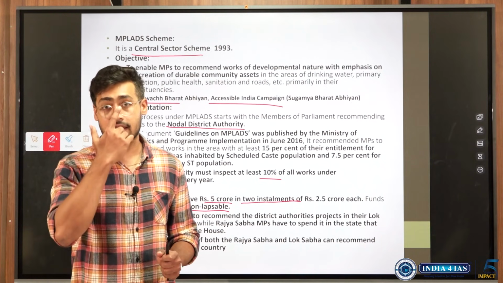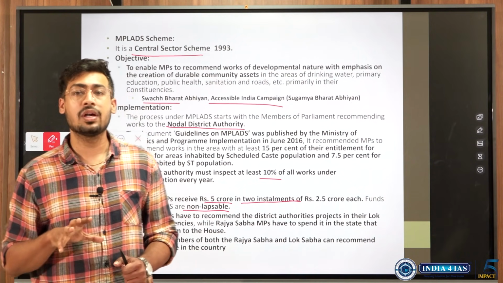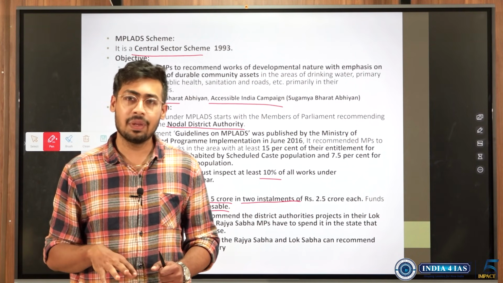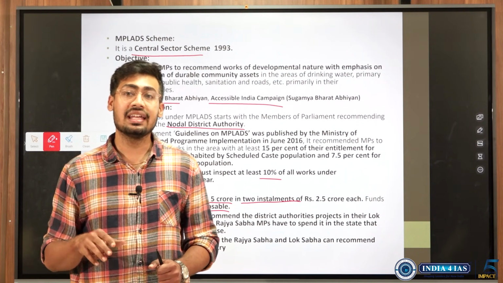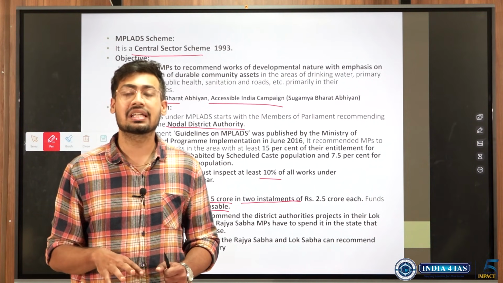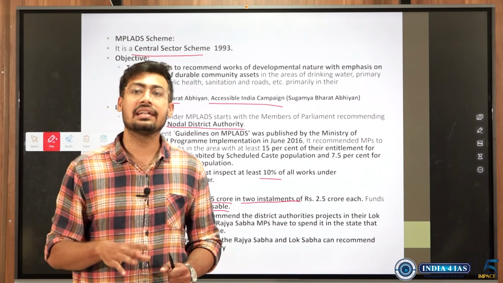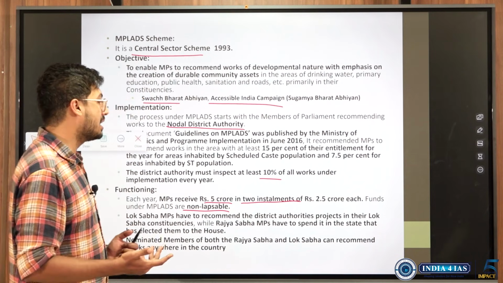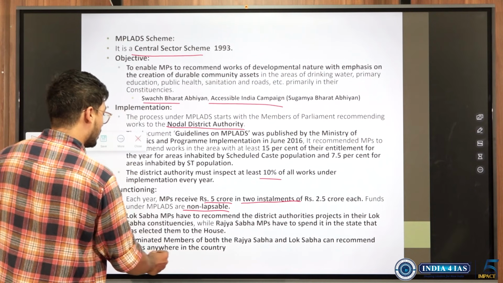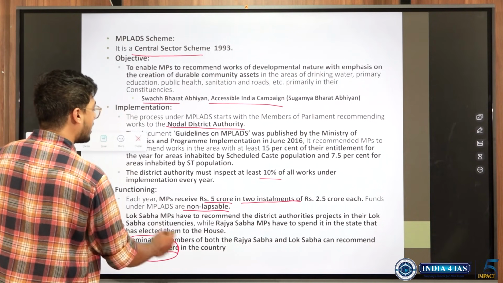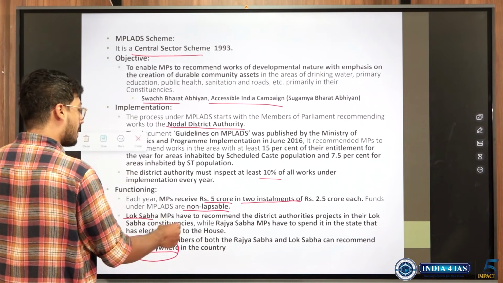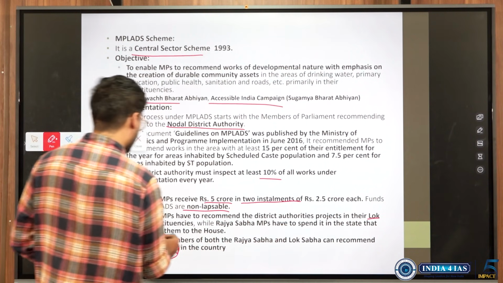Lok Sabha MP can recommend works only in his constituency, whereas Rajya Sabha MP can recommend works in his state where he has been elected, whereas nominated member can recommend work in the entire country, because he is nominated, not directly appointed from any particular region. So he has been given the freedom to recommend works anywhere in the country.